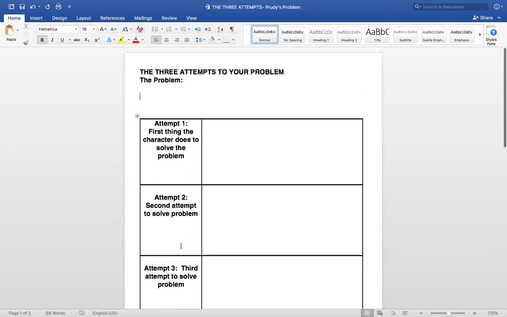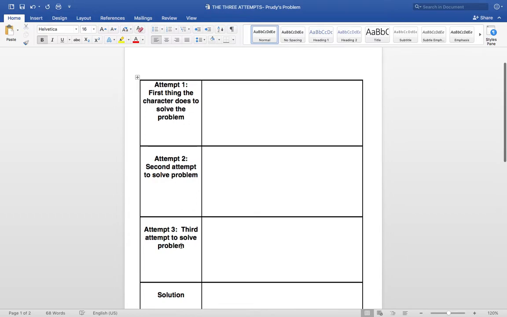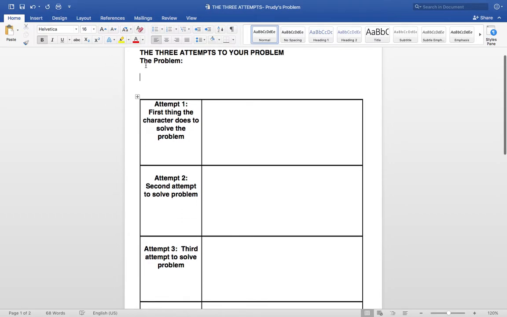So, having this template, let's go into what we would do if we were putting in Prudy's problem into our template. So the problem. Well, Prudy's problem was that she collected way too much stuff. So let's type that in there. Prudy has collected too many things, okay?